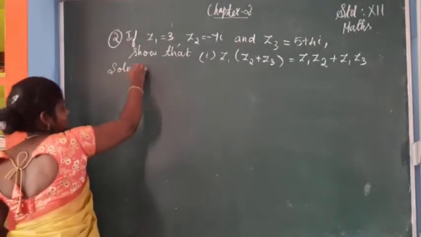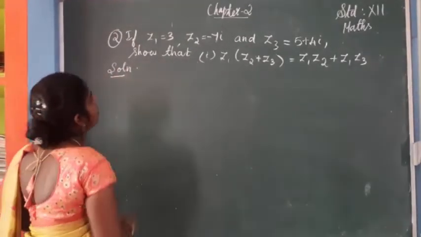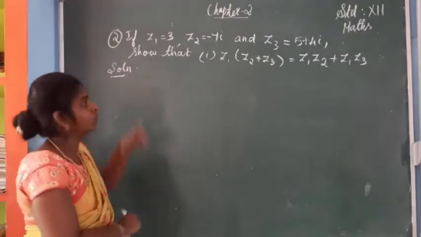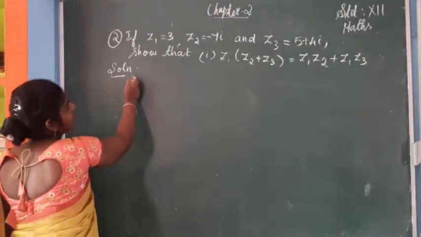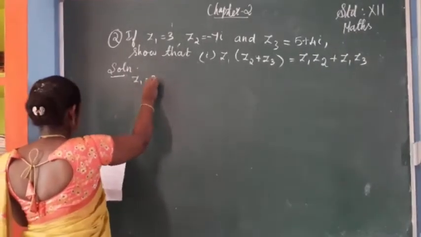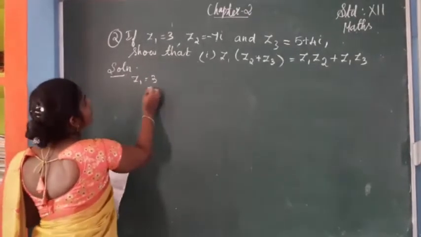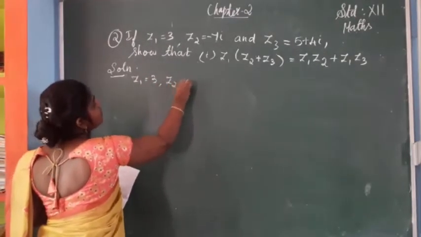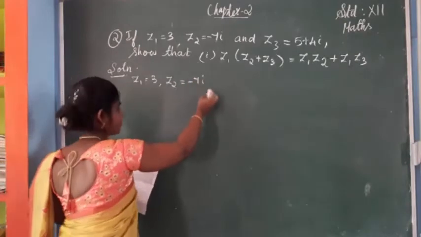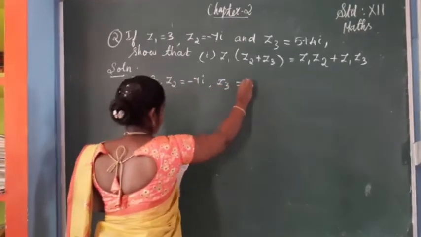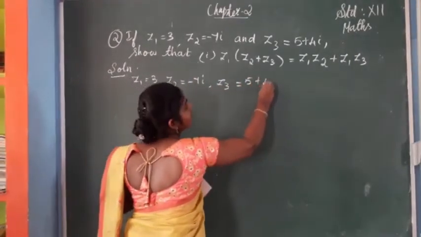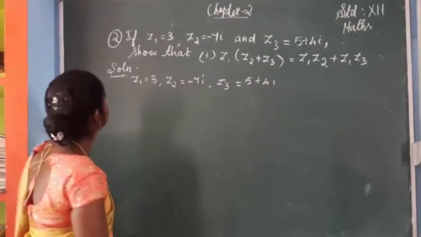Solution. We have to write the given values. First write the given data. z1 equal to 3, z2 is equal to minus 7i and z3 is equal to 5 plus 4i is the given data.